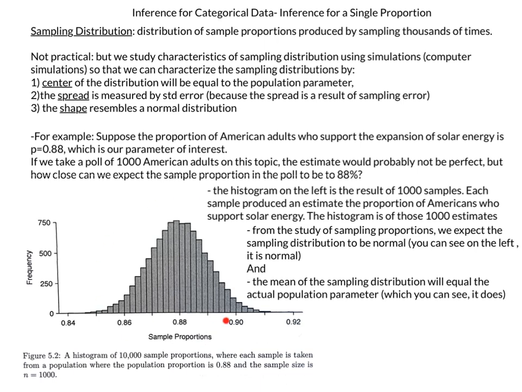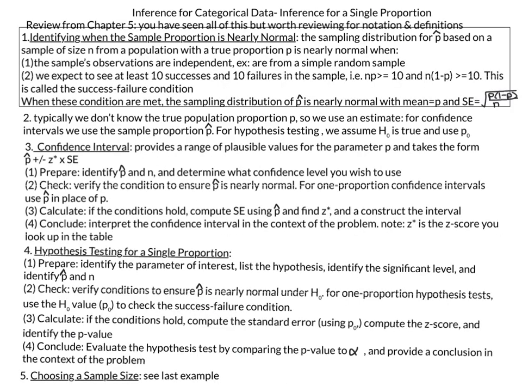This is the basis of our confidence intervals and our hypothesis testing. Because this is normal, we use the normal curve when we do inference and confidence intervals on a single proportion. So the next thing we're going to discuss is identifying when the sample proportion is nearly normal.